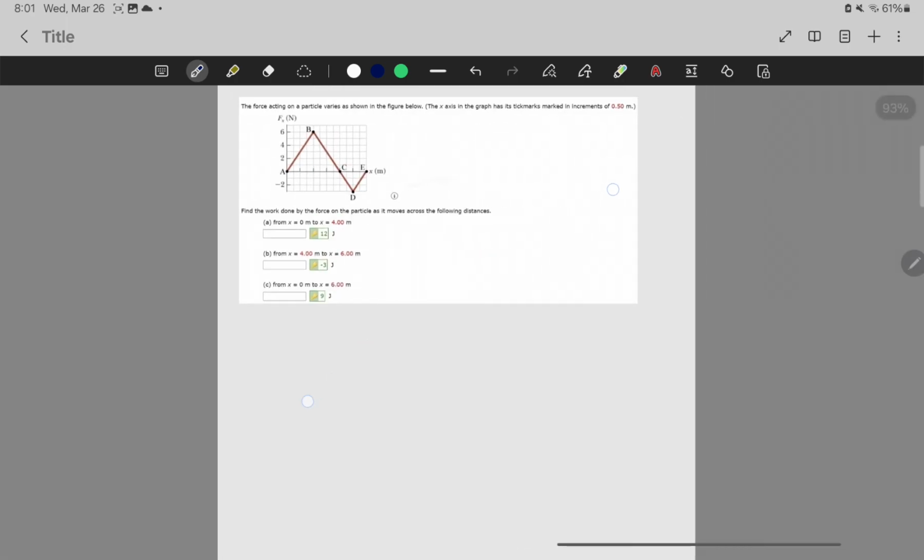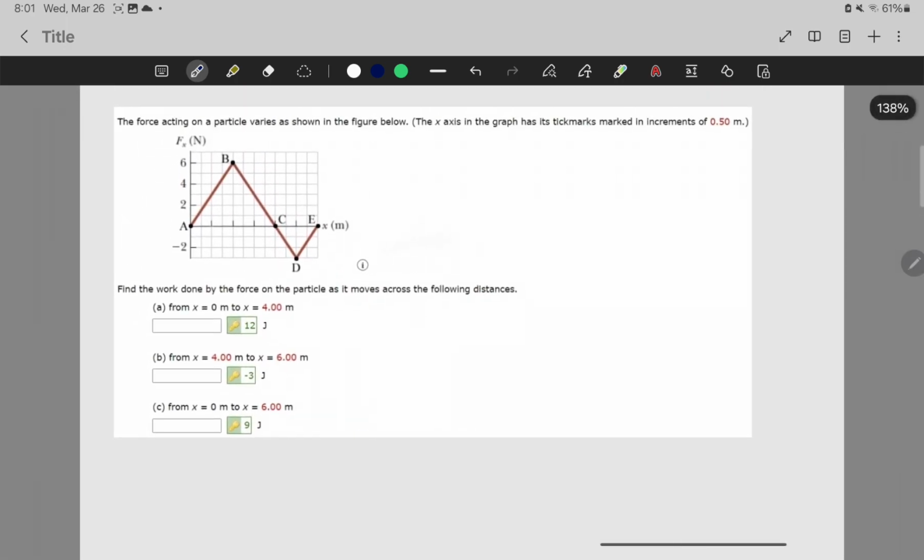Okay, so now let's apply this to our homework problem. This is a similar graph where at each distance, the force value may be different. It's saying the force acting on a particle varies, as shown in the figure below.